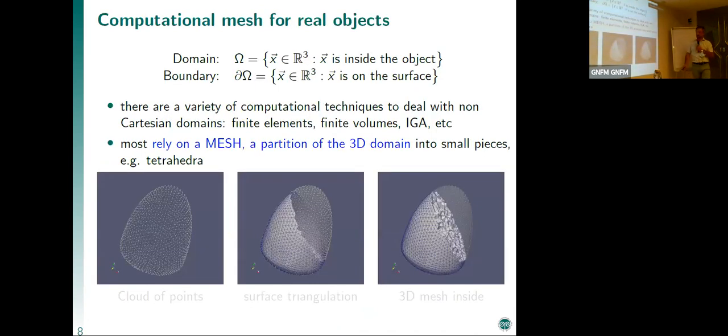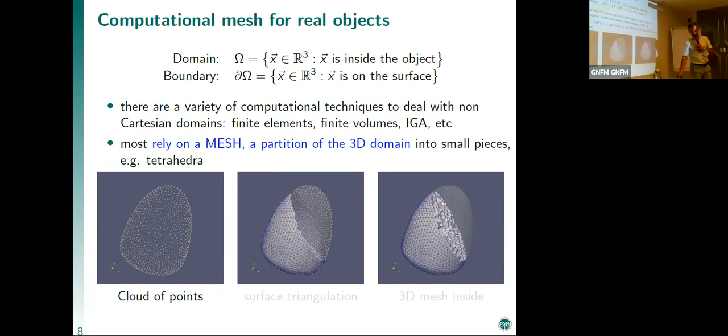Three-dimensional laser scanning gives us a set of points, we call it a cloud of points, that belong to the surface of the object. But that's clearly not enough for us to perform computations on the object. This is just a random set of points, unconnected to each other, that belong to the surface.